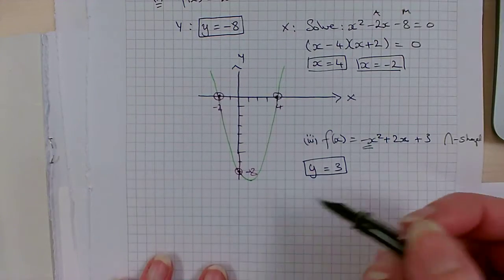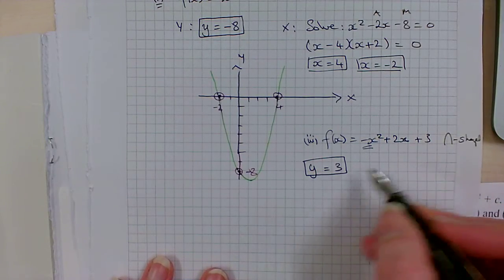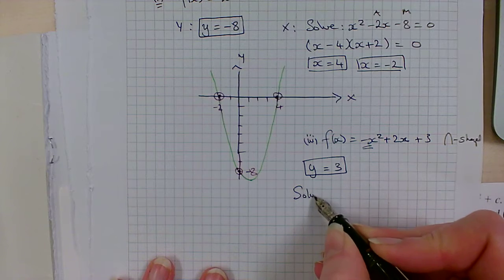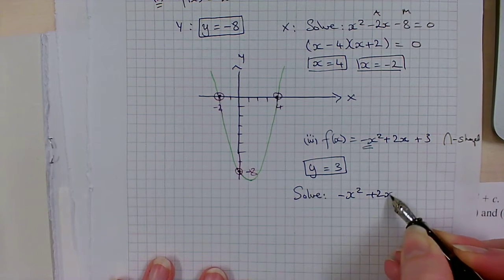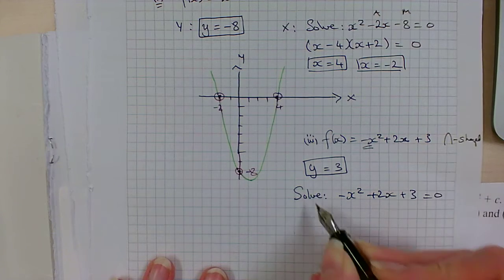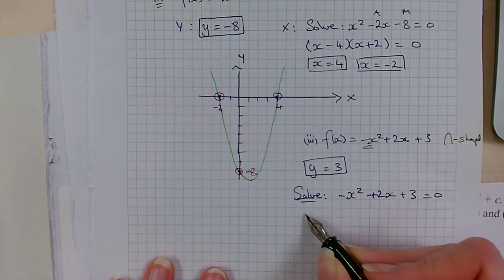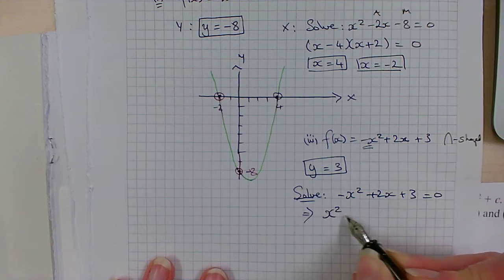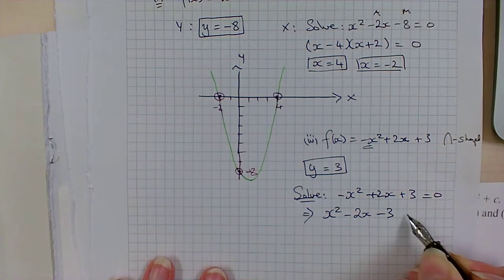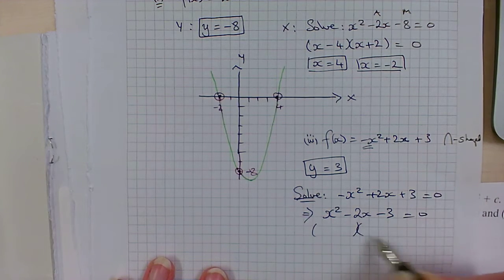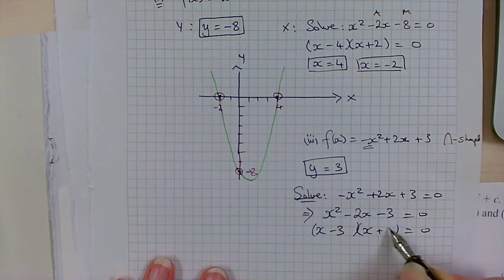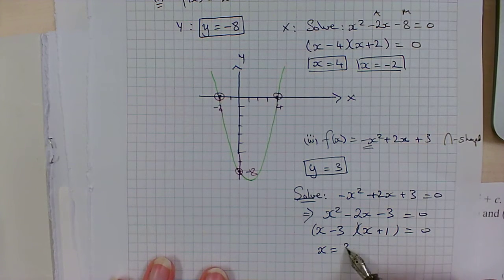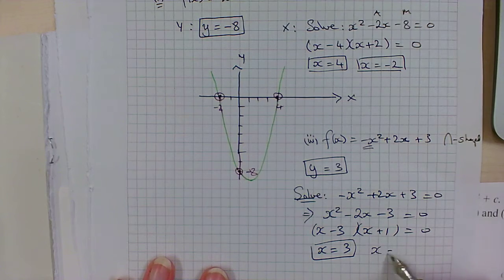And in terms of the x values, I need to solve minus x squared plus 2x plus 3 equal to 0. We can use the minus b formula, or we can change all the signs and factorize, because it has the same roots as this one. So x minus 3, x plus 1 gives me x equals plus 3, x equals minus 1.